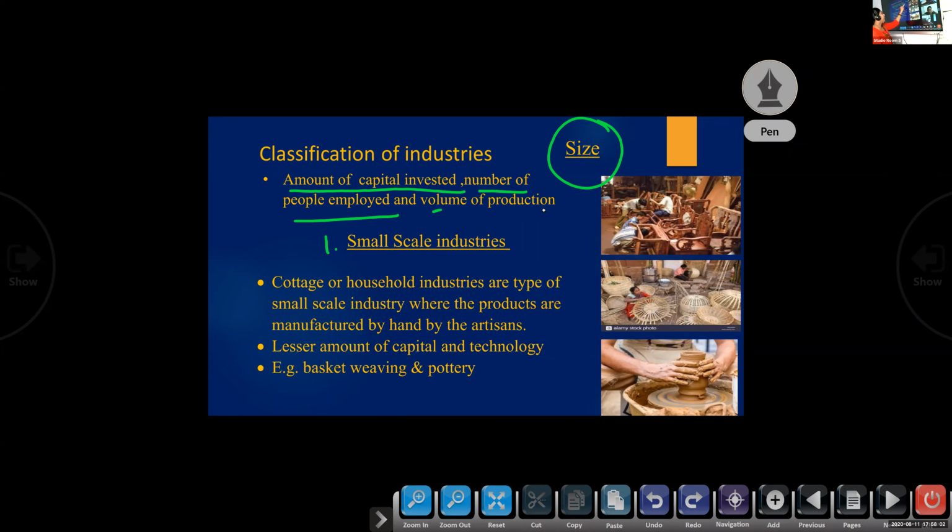Then volume of production, how much they produce. These are the three important points you have to remember: amount of capital invested, number of people employed, and volume of production.